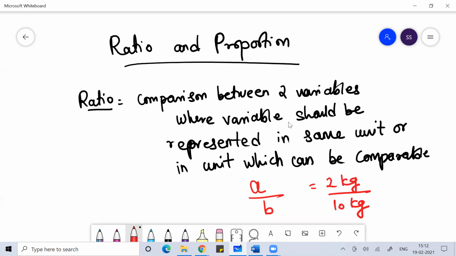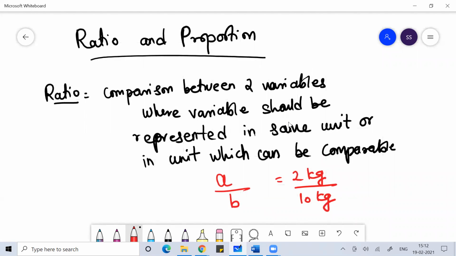Or in a unit which can be comparable means like you can compare 2 kg with 200 gram, because you know how to convert kg into gram, or gram into kg. That is how you can make a comparison between the two variables.